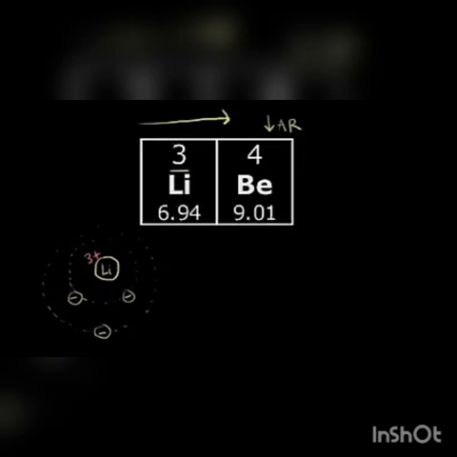So this outer electron, this one right here in magenta, right, would be pulled closer to the nucleus, right? The nucleus is positively charged, that electron is negatively charged, and so the positively charged nucleus is going to pull that electron in closer to it. At the same time, those negatively charged inner shell electrons are going to repel it, right? So let me go ahead and highlight these.